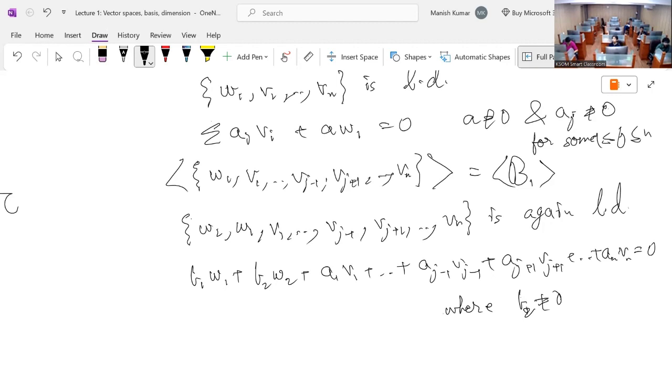The remaining Vi's were linearly independent, so one of these coefficients must be non-zero.